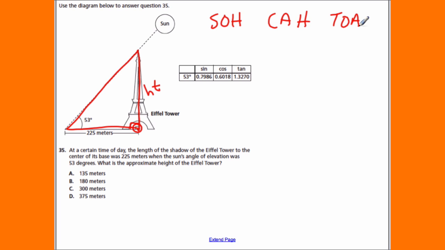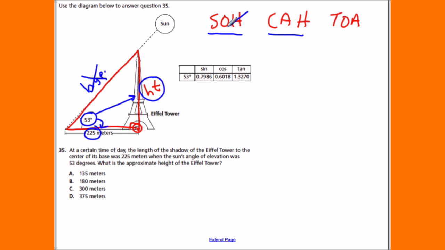Well, if I'm looking to find the height, I know I have 225 and the angle of 53 degrees. I'm trying to find the height, and I have the 225. I do not have the longest side, which is the hypotenuse. We're not dealing with that. So I go back to this. Sine is opposite over hypotenuse, and cosine is adjacent over hypotenuse.